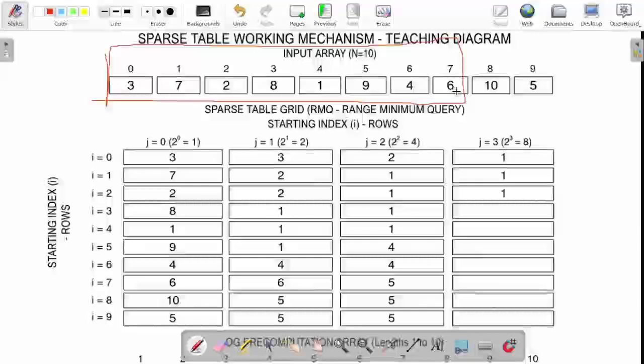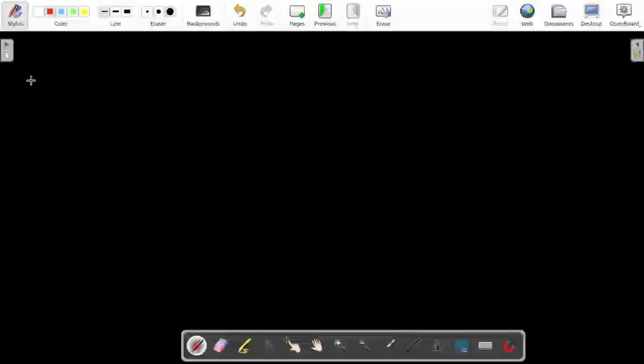Because if we need to iterate over the segment, then there's no use of taking the sparse table in consideration because we need to optimize that n factor. And if we are still iterating over the elements, then we don't optimize our n factor from the time complexity. So here you will get the answer to your question: why we compute smaller powers first and how the current answer is calculated.